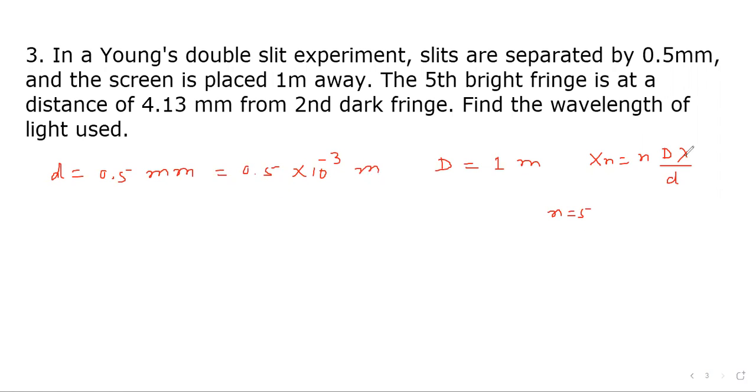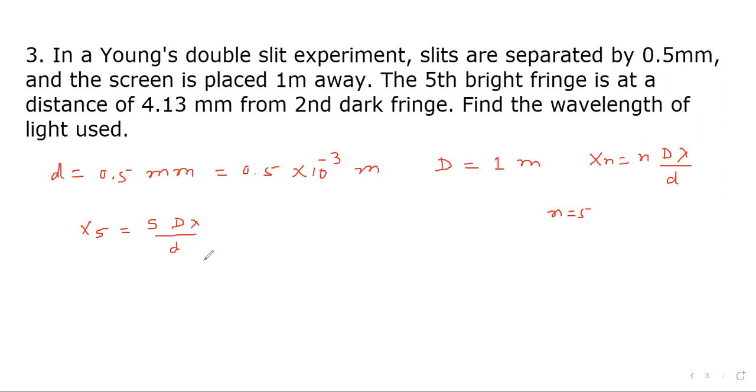And the dark fringe will be given by xn dash. Here I will write the formula. So x5 will be equal to 5 times capital D lambda divided by small d.